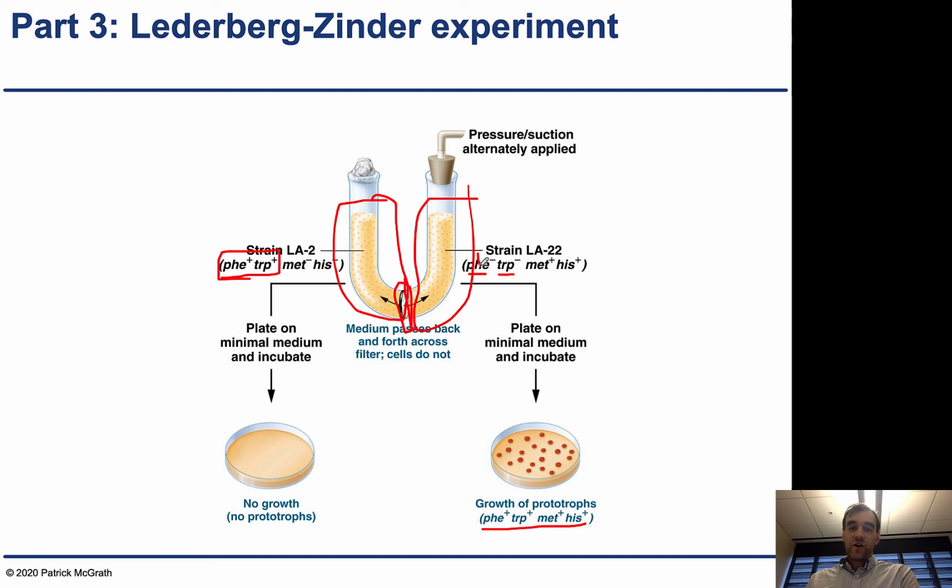And so you've converted these genes from the defective versions into the wild-type versions. This is the way that you were able to produce this new strain that had wild-type copies of all 4 genes, and so could now grow on minimal media.